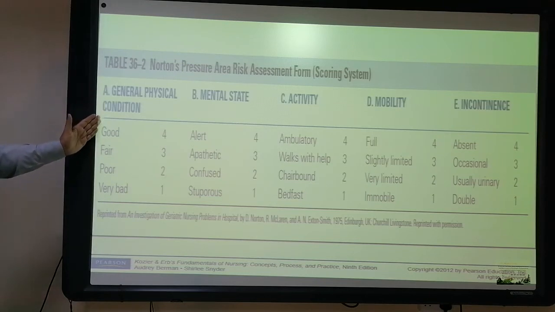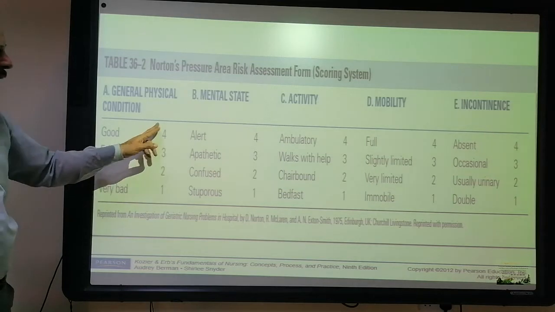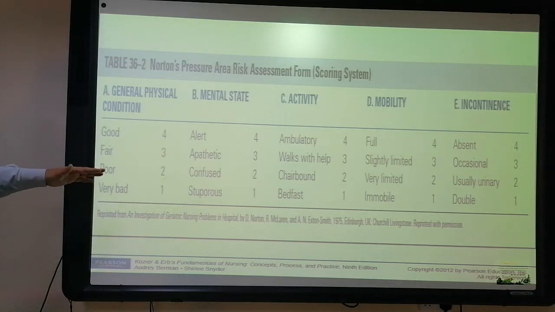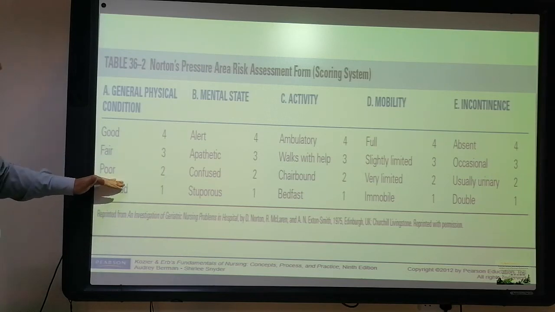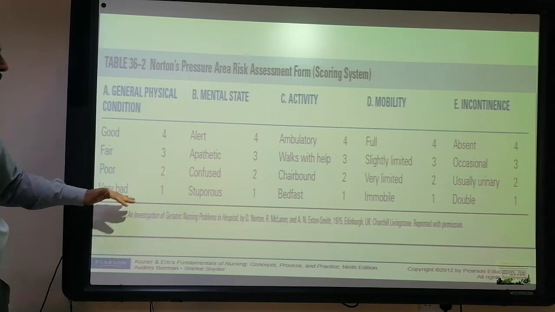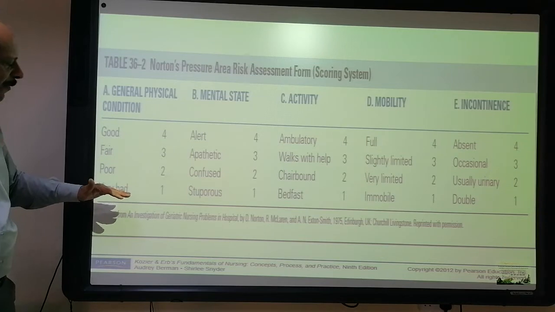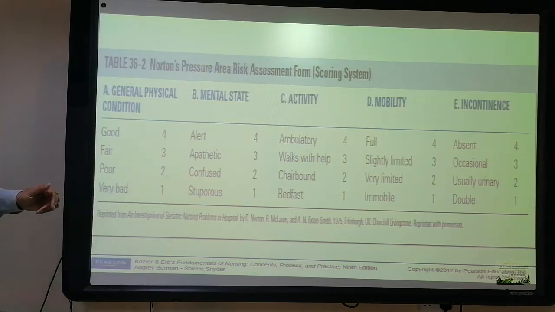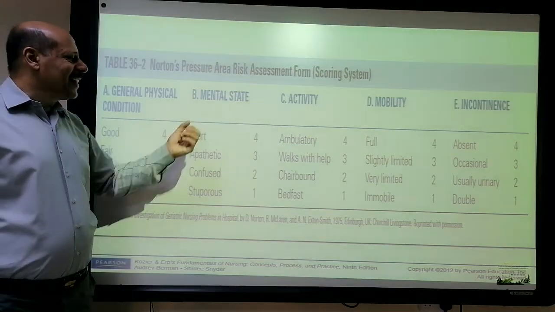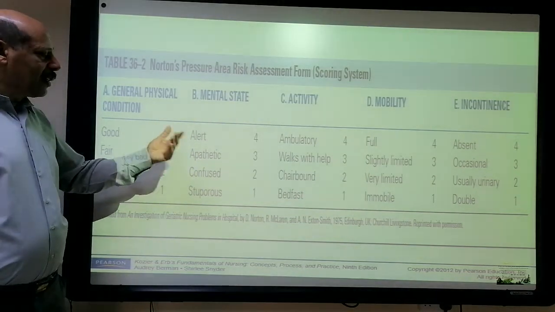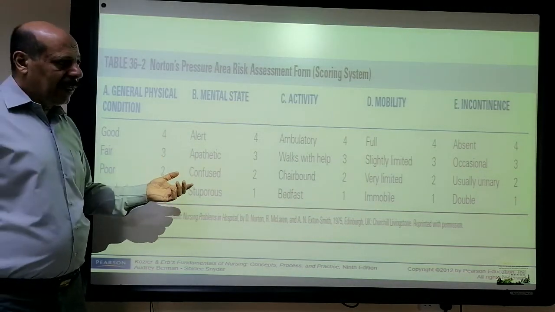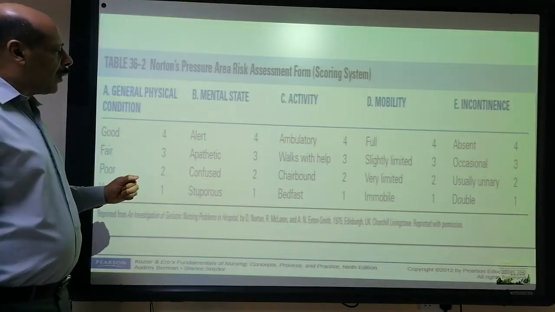So in general physical condition, if the general physical condition of the client is good, in this case he will get 4. If it is fair, he will get 3. If general condition is poor, he will get 2. If it is very bad, he will get only 1. For the mental status, if he is alert and can respond to all stimuli, he will get 4.